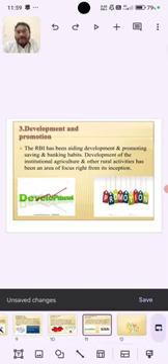The next and last one is the development and promotion function. The RBI has been aiding development and promoting saving and banking habits, and development of institutional agriculture and other rural activities has been an area of focus right from the inception.